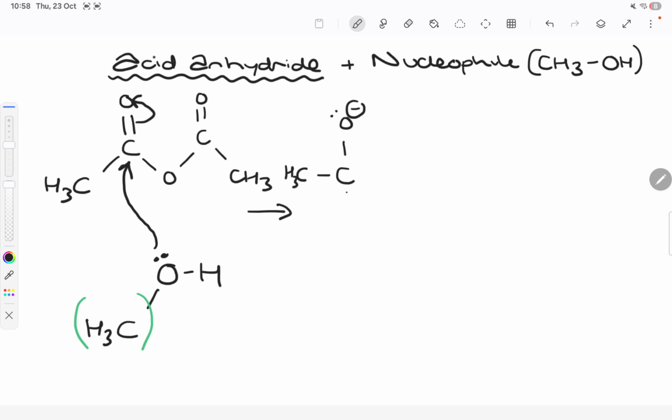The problem with acid anhydride reactions, relatively simplistically, is they are just a lot more complicated to draw the intermediates, because there's a lot more things to draw and you very quickly run out of room. But ultimately they do exactly the same thing.